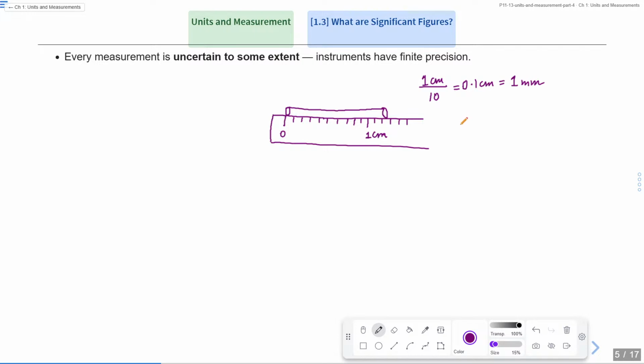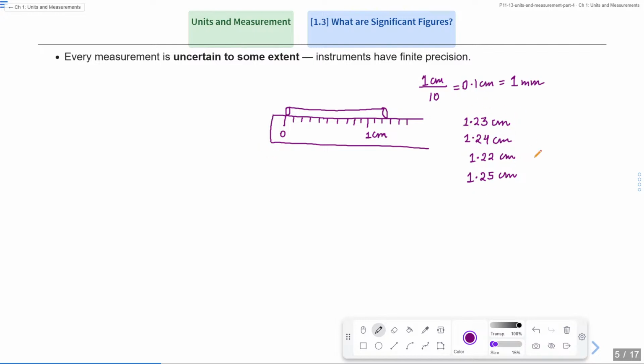So suppose 4 or 5 students are taking readings. One student can write 1.23 centimeter, another student can write 1.24 centimeter, a third student can write 1.22 centimeter, and another student can write 1.25 centimeter. But the actual value may not be any of those four values.